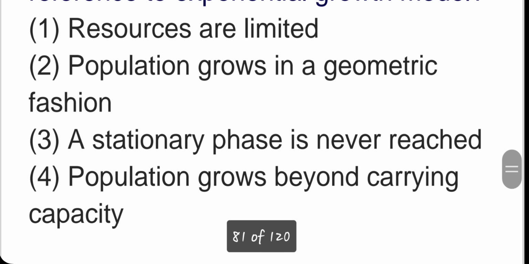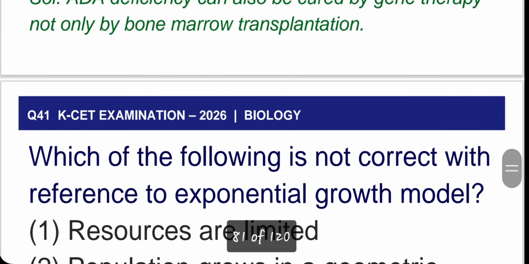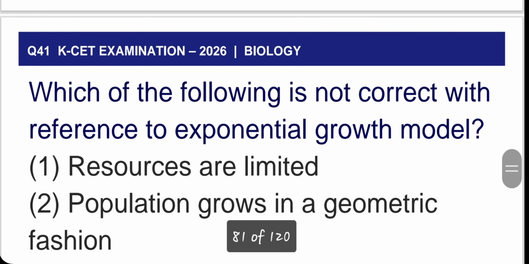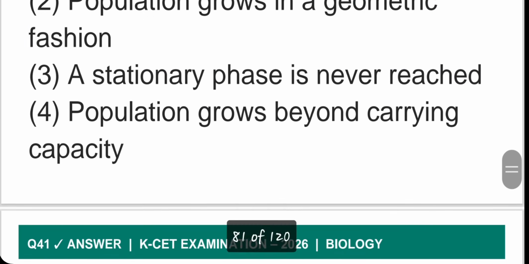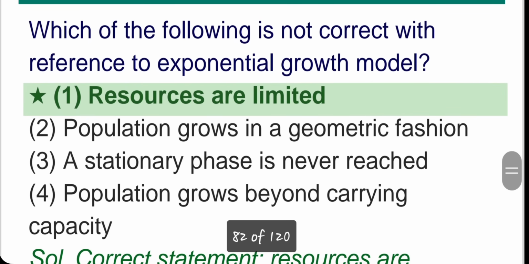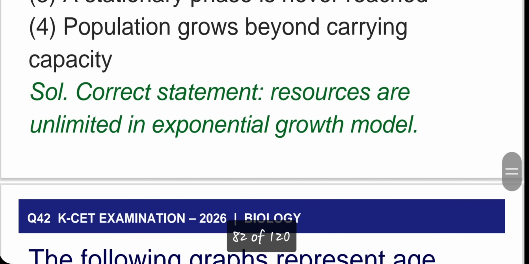A population grows beyond carrying capacity. So the incorrect statement is that resources are limited. It should be unlimited. The correct statement is that resources are unlimited in the exponential growth model.